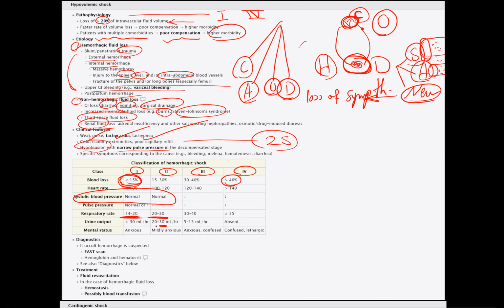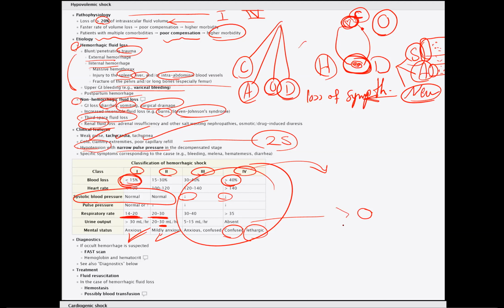Okay, the patient will be anxious or confused and anxious here, but in these stages of shock the blood pressure started decreasing, and in class 4 shock, we will have a confused and lethargic patient with absent urine output, less than 0.5 ml per kg per hour. Okay, so this patient is anuric, and we will have decreased blood pressure with tachycardia more than 140.